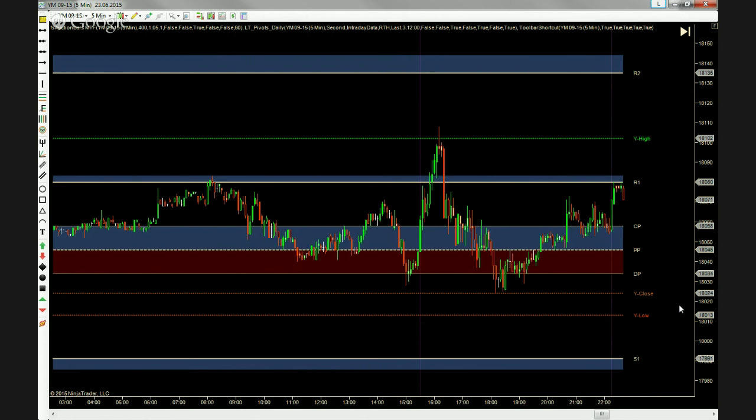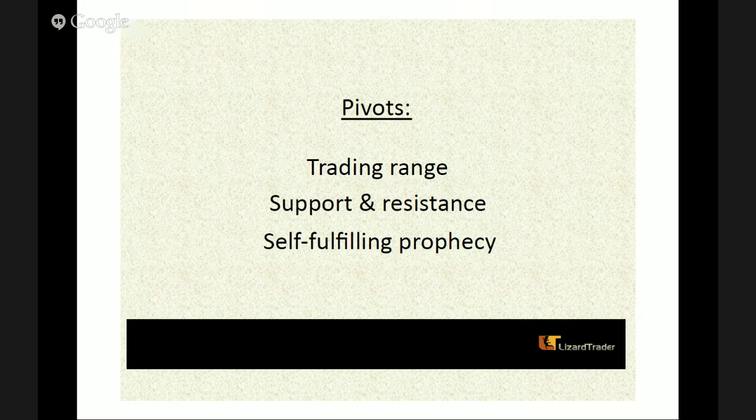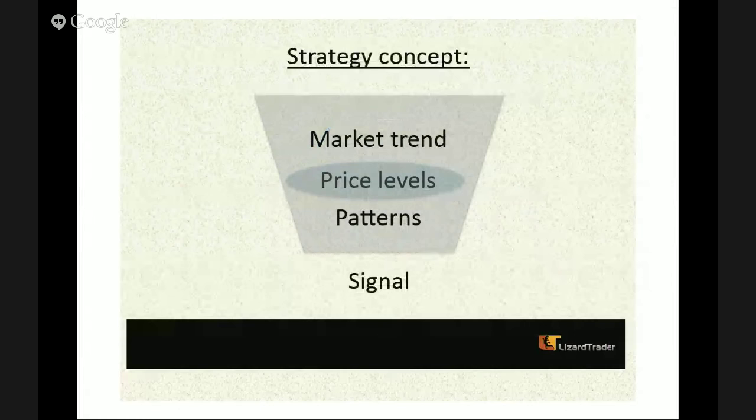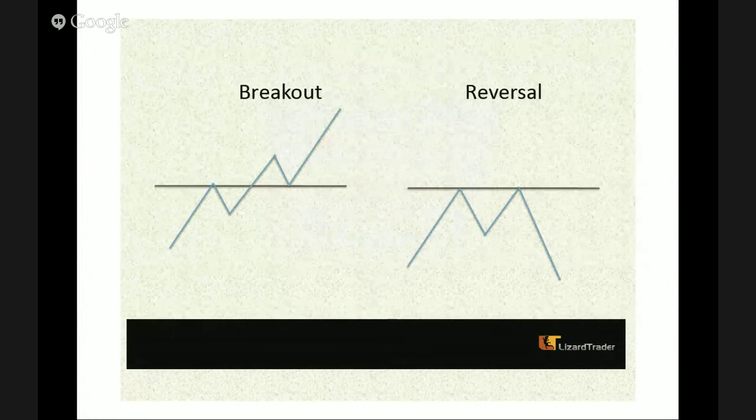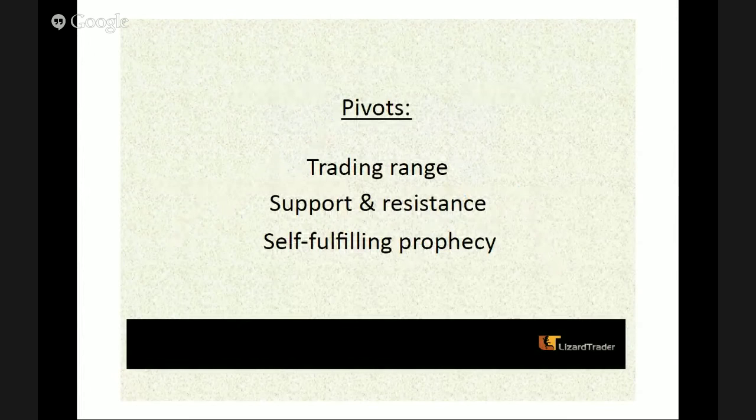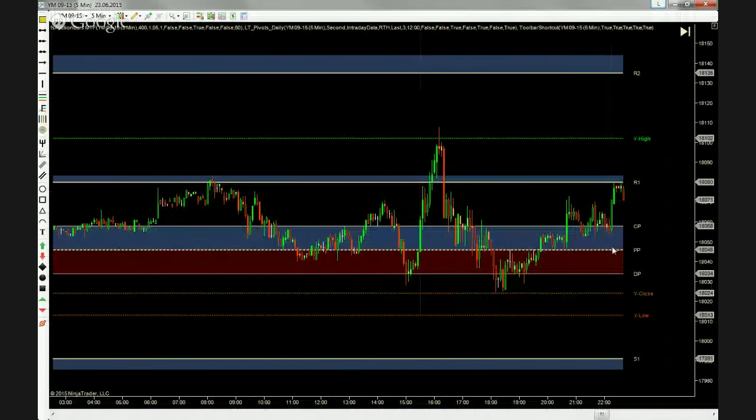So basically, to come back to our strategy concept here, we want to make sure that we are finding these price levels, and the price level in the pivot indicator is of course the pivot itself, and that's down here.